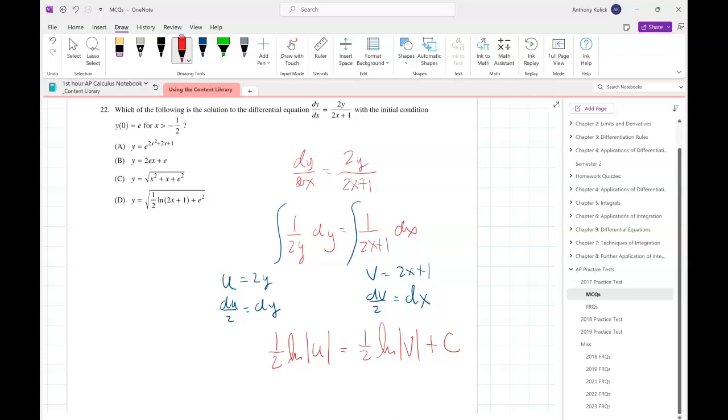Is everybody okay here? Okay. I'm going to multiply both sides by 2 and plug back in my values for u and v.